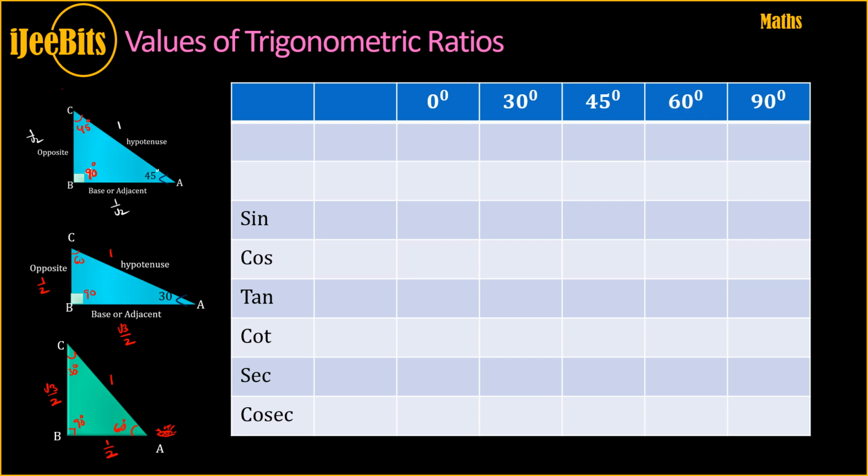The simple magic that we have to do in this case: assuming that I have a Cartesian plane, and I know 0 to 90 is the first quadrant. What I can do is split the values like 30, 45, 60 and 90.